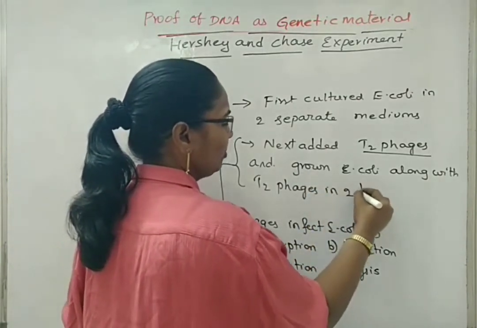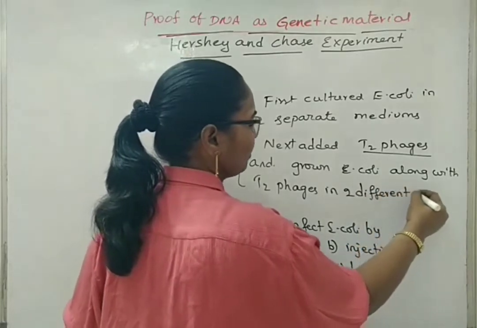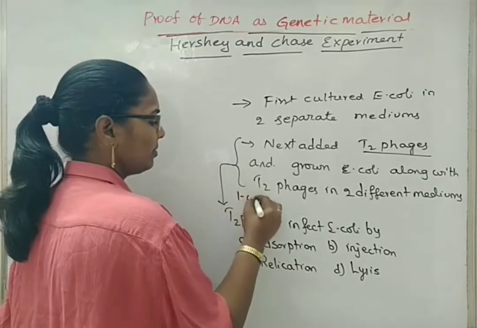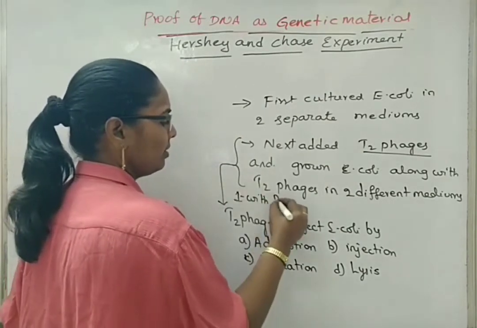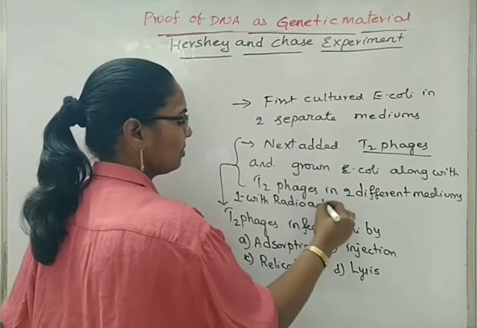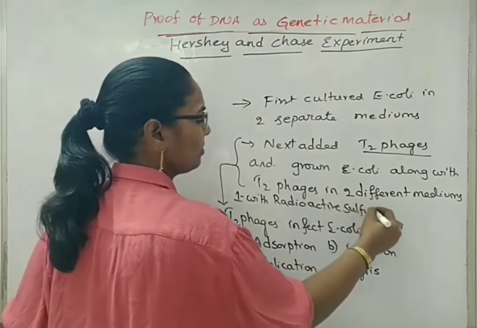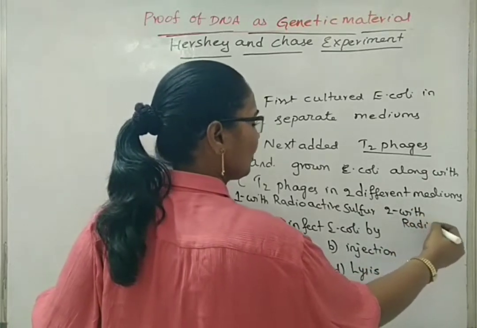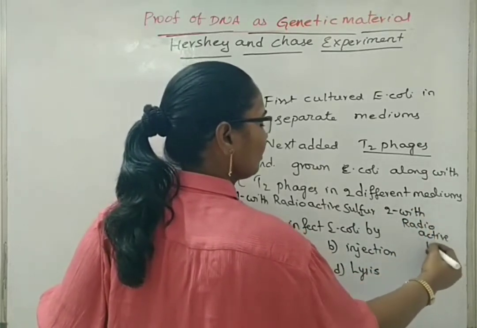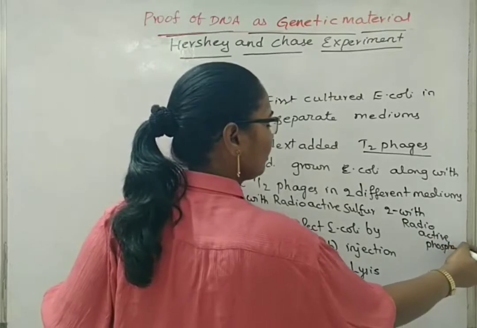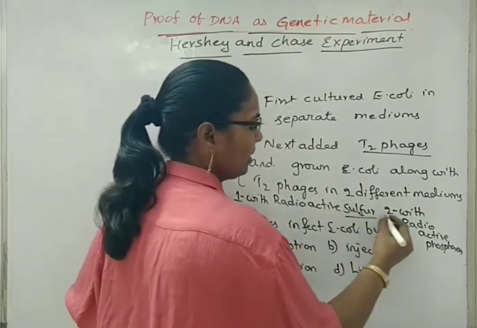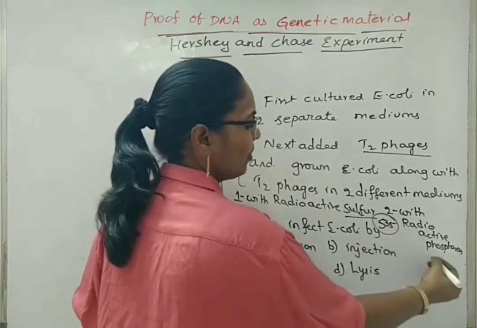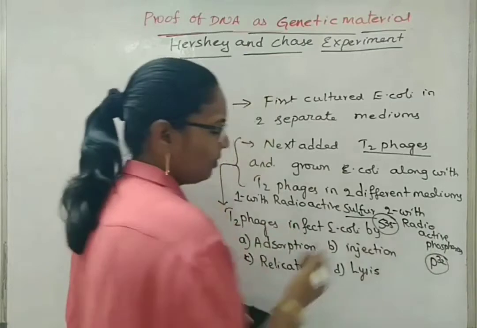You can write in two different mediums: one with radioactive sulfur and second with radioactive phosphorus. Radioactive sulfur, here we represent this one with S35, phosphorus is P32. Now we will discuss this one in detail.